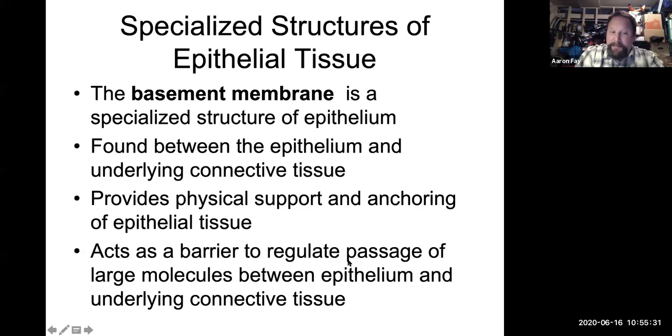It will act as a barrier itself to help control the flow of materials across the membrane. So in most cases, material has to get through the apical surface, then the basal surface, then the basement membrane in order to enter the body. So in certain circumstances, even the basement membrane plays a role in regulating what is going to enter or exit the body.